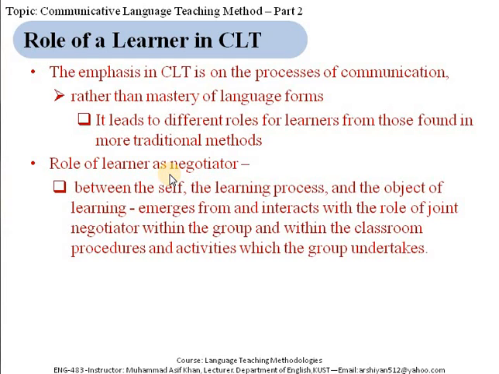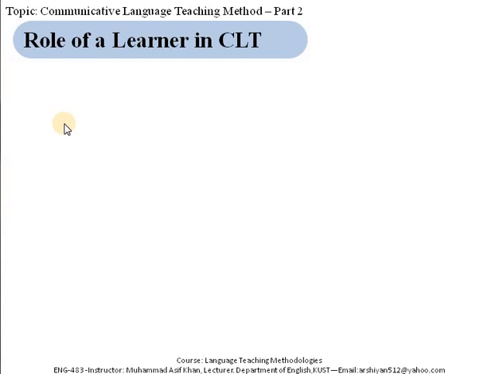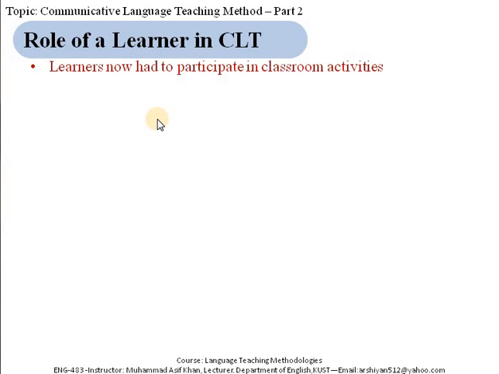The implication for the learner is that he should contribute as much as he gains, and thereby learn in an interdependent way. It is not learning in isolation, it is basically learning in groups. So this is the role of the CLT learner. Another feature of the CLT learner is that he is a participant and has to cooperate with his fellow students.